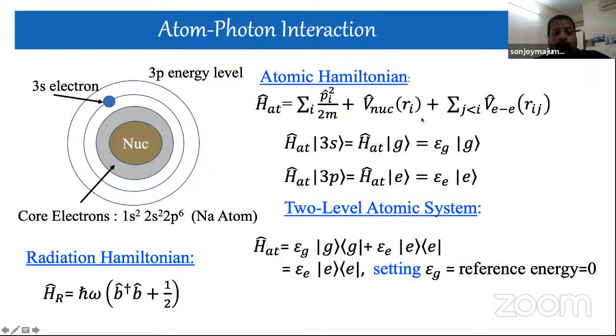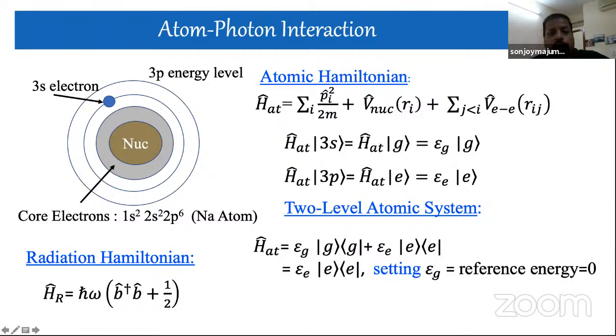So here you have two terms: the kinetic energy term and the nuclear attraction. Now you just calculate using the time-independent Schrodinger equation what will be the wave function of the 3s orbital and of the 3p orbital, using the eigenvalue equation, which is known as the Schrodinger equation.